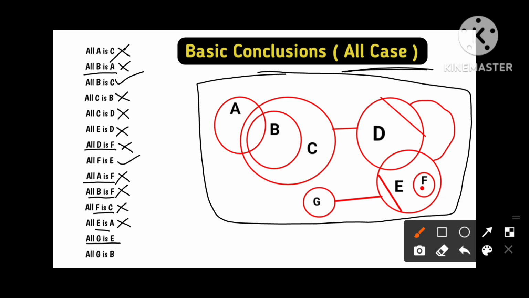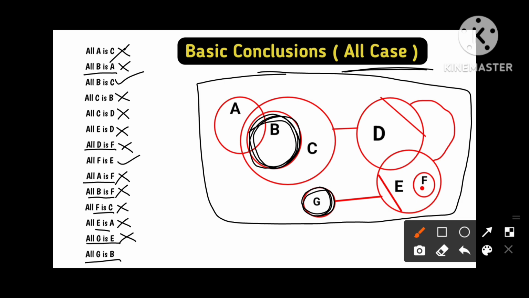All G is E. Do you see all G is inside E? We don't see that in our basic statement Venn diagram. So this conclusion will be false. All G is B. Do you see all G inside B? I don't see that.